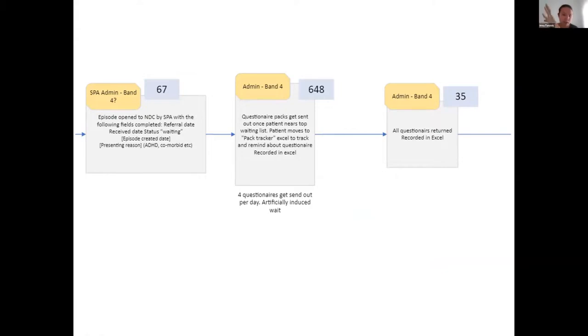There's just not enough capacity to address all the questionnaires if they send out hundreds per day. So by focusing further down the pathway, we would address this long waiting time. It's just what I said about the 35 days and the 648 days.